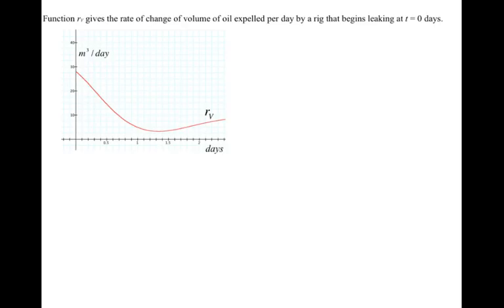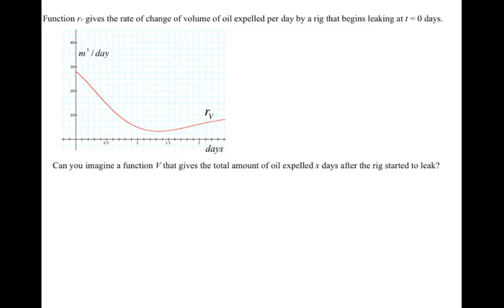Okay, so let's just glance at this on the back. So save this sheet. We'll use this sheet Friday and maybe Monday, so don't throw this away, bring it to class Friday. But here is this function, which gives the rate of change of volume of oil expelled per day by an oil rig that begins leaking at t equals 0 days. So this is a rate of change function.